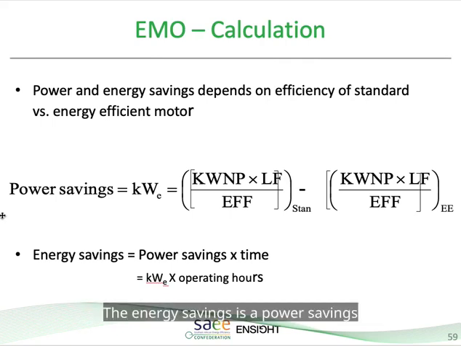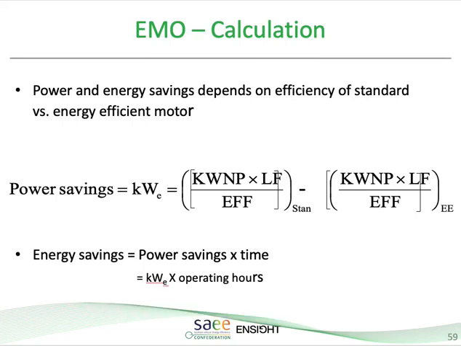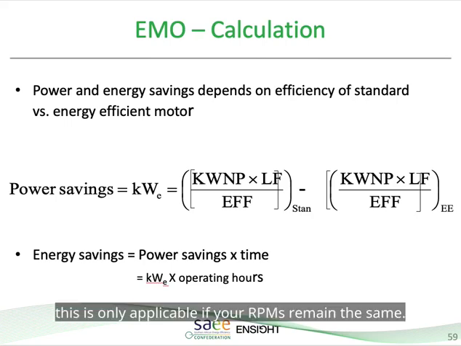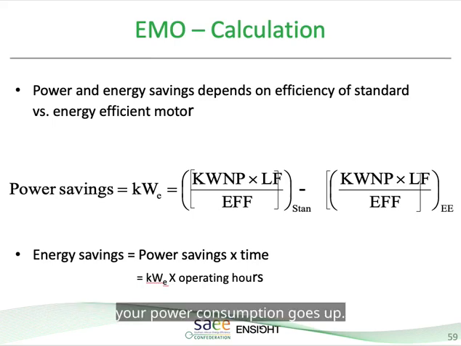The energy savings is the power savings calculated above times operating hours. Remember, this is only applicable if your RPMs remain the same. If you achieve higher RPMs with the energy efficient motors, your power consumption goes up.